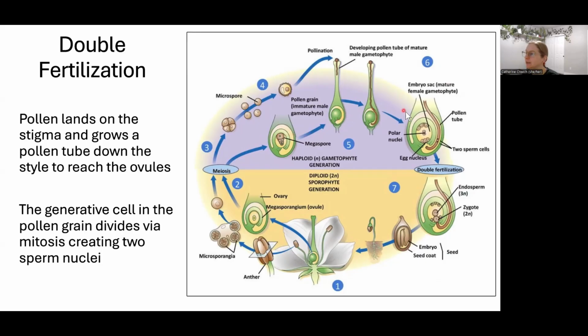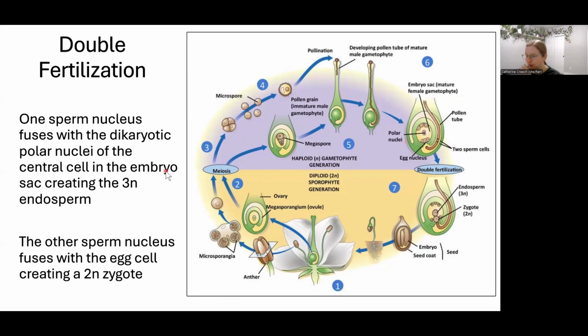So we're going to zoom out over here, and that mitosis will allow it to produce 7 cells of 8 nuclei. Here are your antipodal cells. There's 3 of them. Here's the 2 polar nuclei in the central cell. The cell that's directly next to the micropyle is the egg, and on either side of the egg, those are the synergids. So 2 synergids.